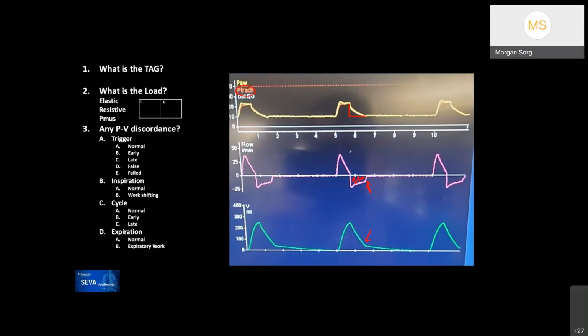Very well might. Yeah, that's pretty low peak flow, that's for sure. That's a good point. And that's even with ATC. Right, ATC should boost that peak inspiratory flow. So this patient probably does have an airway resistance problem on top of everything else. Right, on top of having a vent resistance problem.